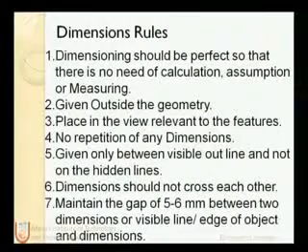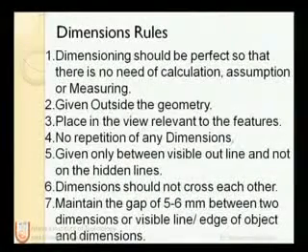We will see in orthographic view that there are more than one views, and certain features can be visible in certain views. So one should give the dimension in visible view only, not the hidden one.